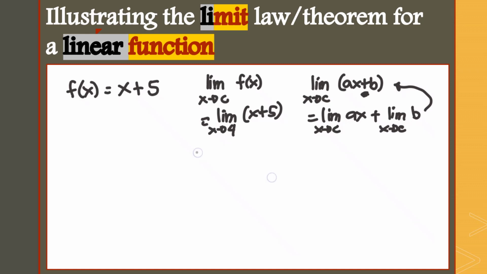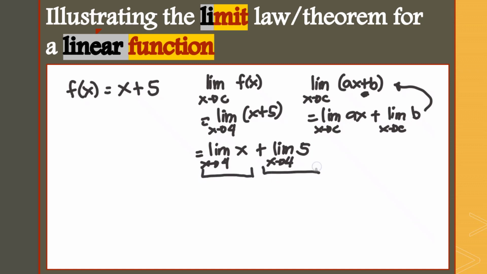So here we can represent this as the limit of just x as x approaches 4, plus the limit of the constant 5 as x approaches 4. From here, we can now solve for the individual limits of these two, because we have the limit of an identity and the limit of a constant.